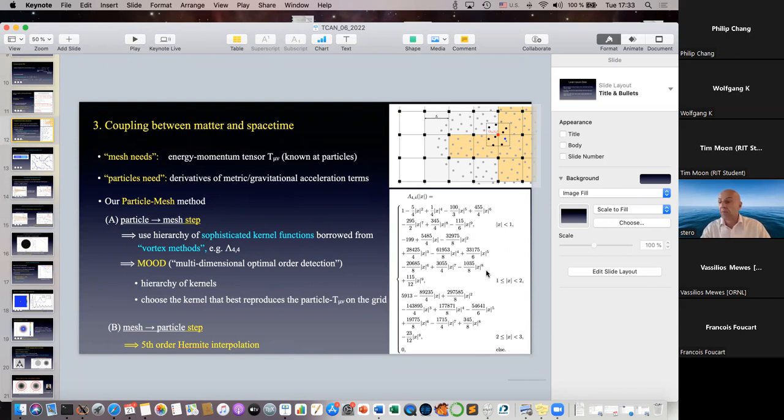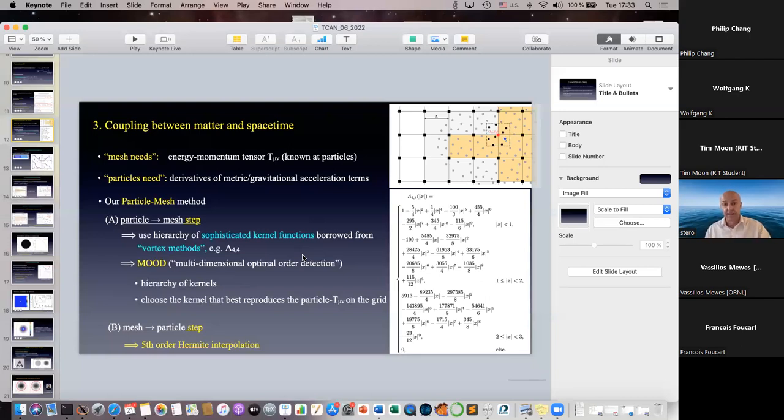You have to have a sophisticated algorithm which detects this and uses different kernels as you go to the surface of the star. This is this hierarchy, which we called a MOOD method. I don't know whether everyone is aware that this also exists for pure hydrodynamics, the so-called multidimensional optimal order detection, which, instead of limiting the reconstruction, tries the highest order that you can get, then checks all kinds of things, whether they are physically correct, and goes down if necessary in the hierarchy to the most robust ones, which are in the end positive definite.